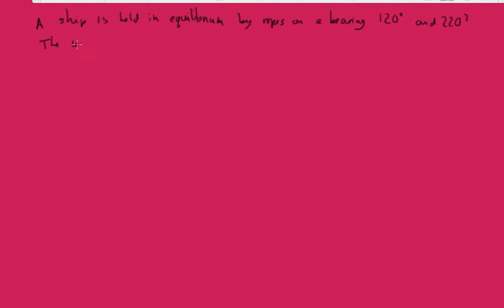The wind blows due north with a force of 90 newtons on the ship. Find the tensions on the ropes.